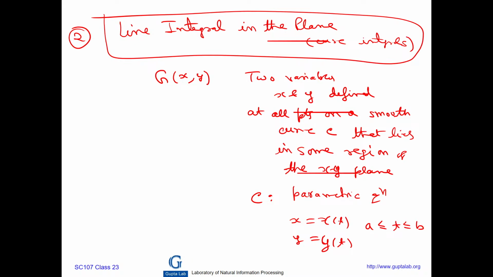Okay. g is a two variable function. ठीक है. x and y जो points हैं, they are defined at all points on a smooth curve C. C has a parametric representation. Right. Now जो भी हमने रीमान इंटीग्रेशन के लिए किया है, similar definition I am going to use here. Let us see.